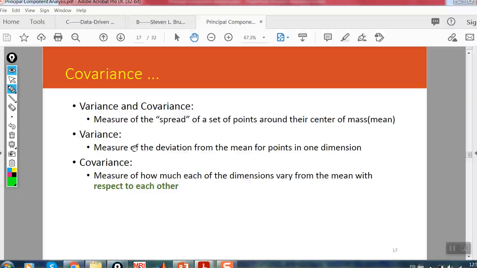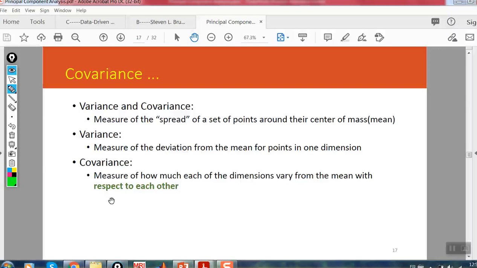Okay, but variance is related to one dimension, and covariance is related to two-dimensional data. And both of them are related to the spread of data according to the mean.